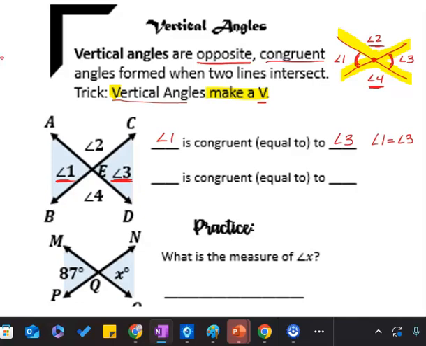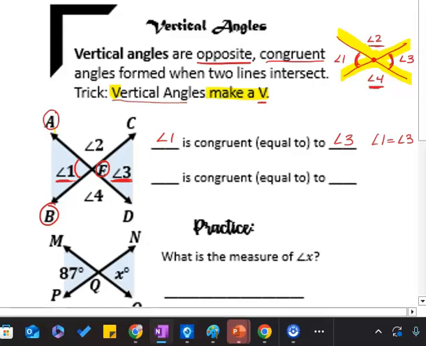I might also name it by its endpoints, as we talked about in the last lesson. I'm going to start with one of my endpoints, angle A, E, B. You notice how that encompasses the angle I'm talking about, angle 1. We always want to put our vertex as the center letter.